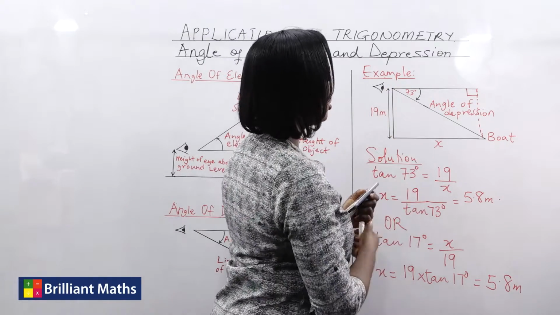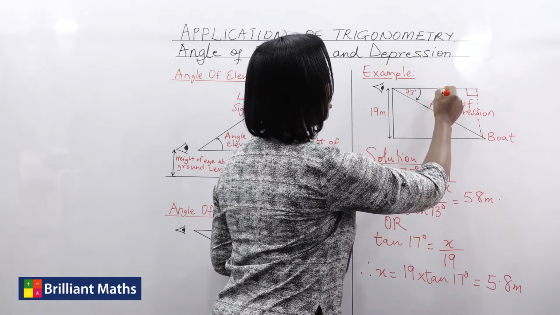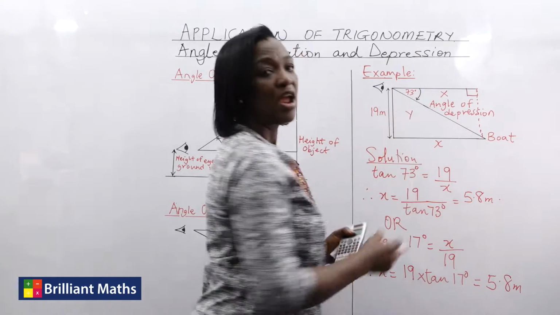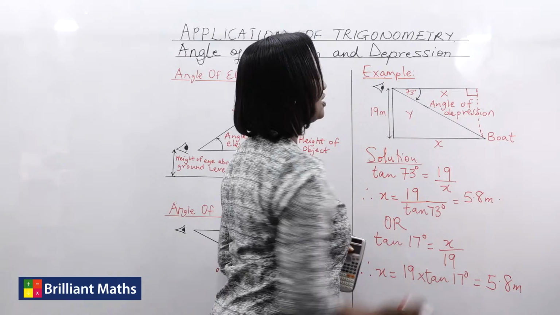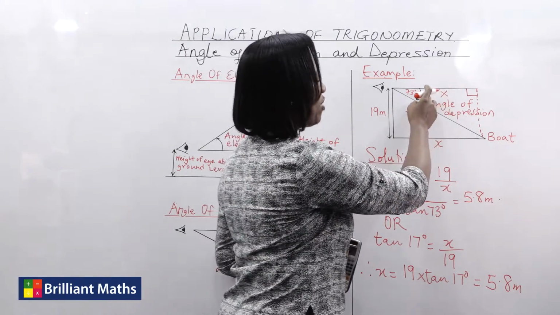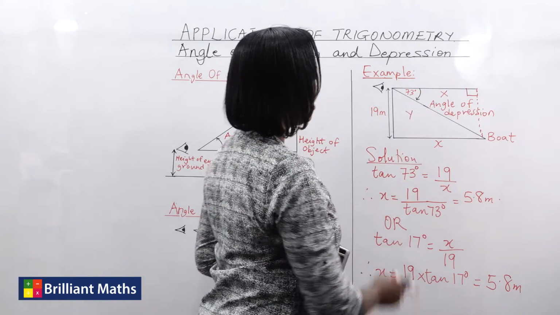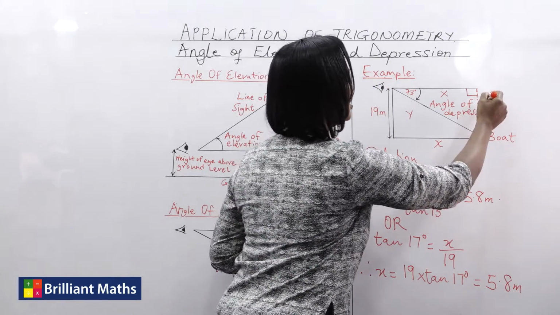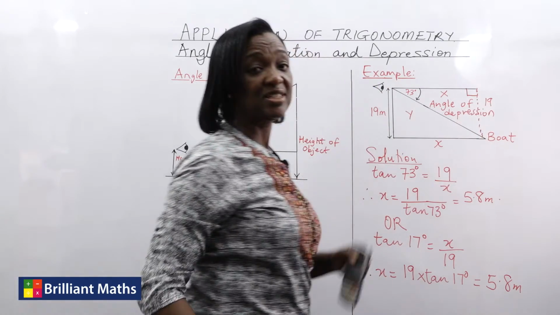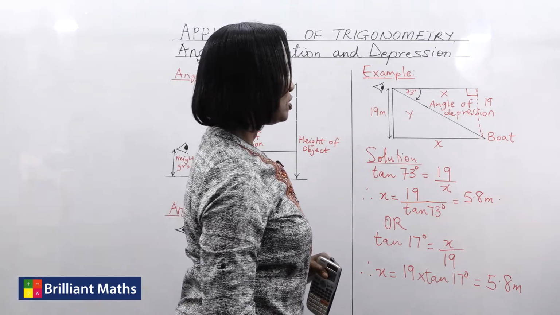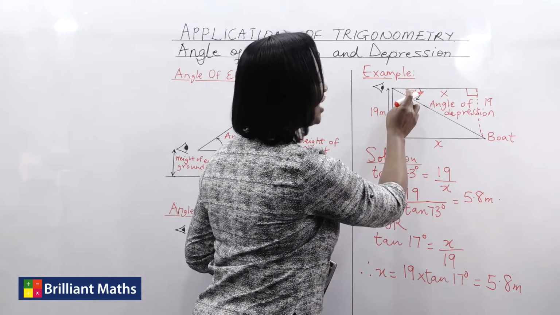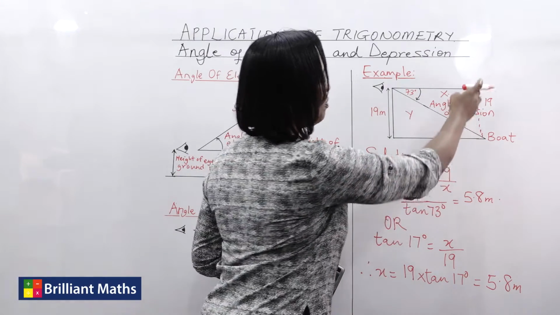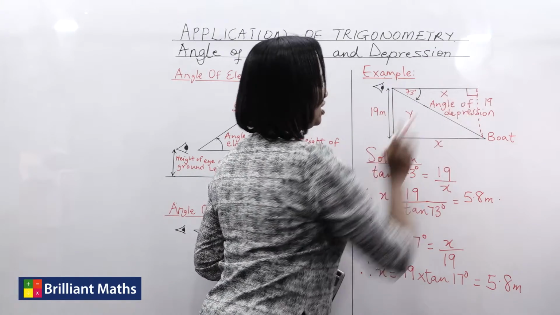If we're going to use, let me call this triangle X and triangle Y. If we're going to use triangle X, our angle of depression is 73 degrees. This height, the height of the cliff, is the same here. It can be represented there. That's 19 meters. So tan 73 degrees is the opposite over the adjacent.